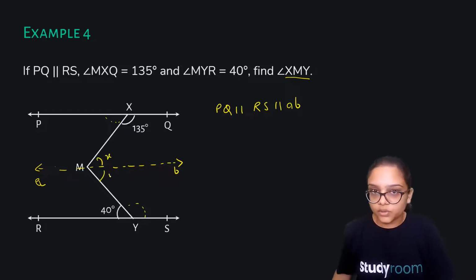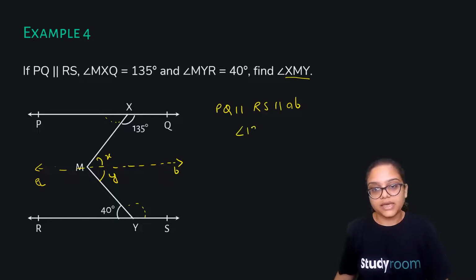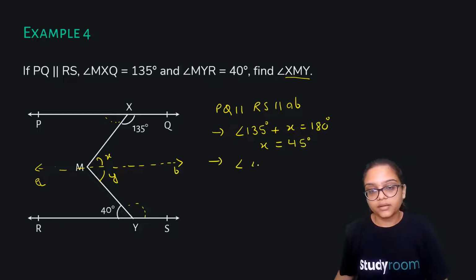By the property of interior angle sum, angle 135 degrees plus X is equal to 180 degrees. So what would be X? It's 45 degrees. Similarly, angle 40 degrees would be equal to Y. How?